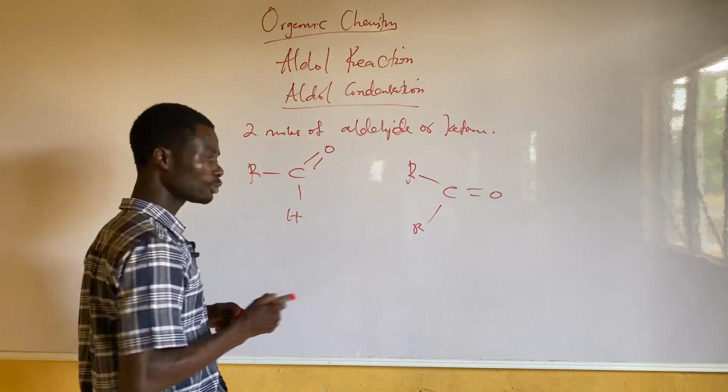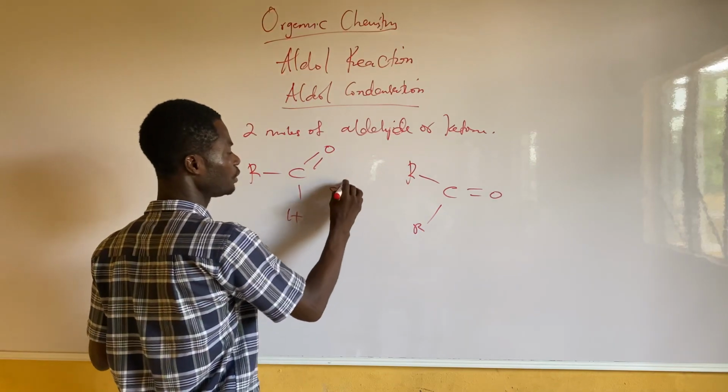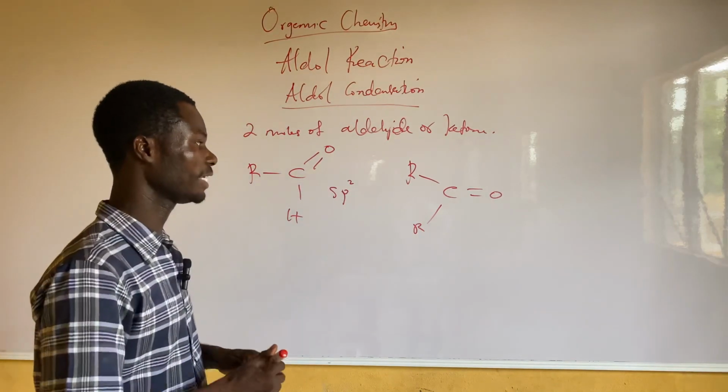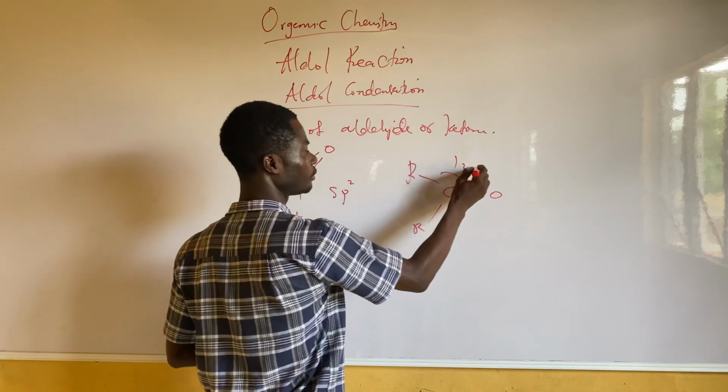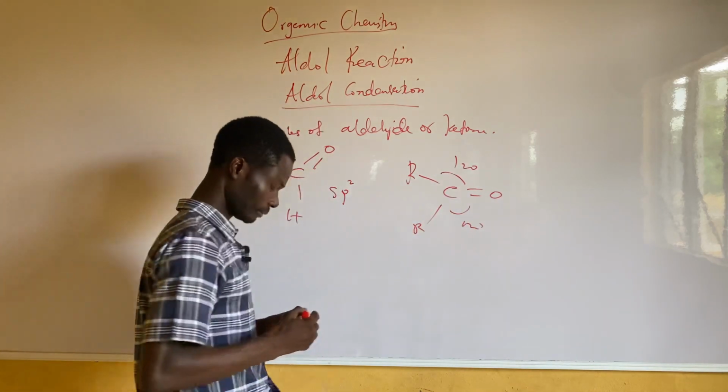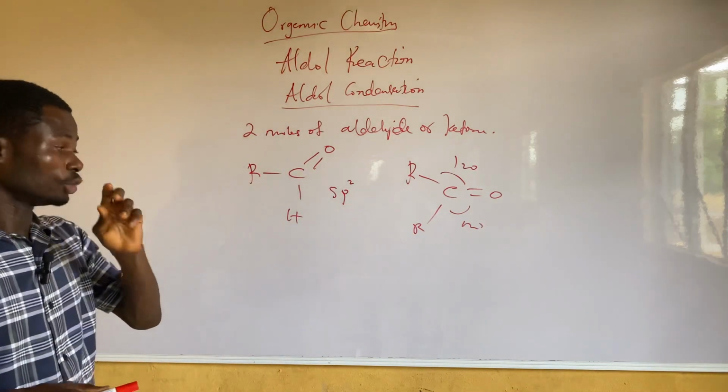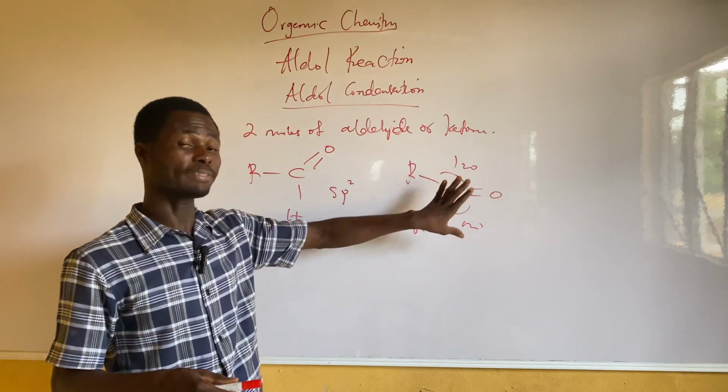Now, why is it so important? First of all, remember that this is a kind of sp2 hybridization taking place here. Of course, remember the bond angle, that's 120 degrees. You agree with me that this particular molecule is planar.